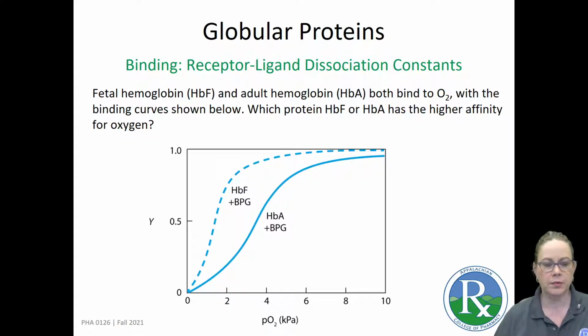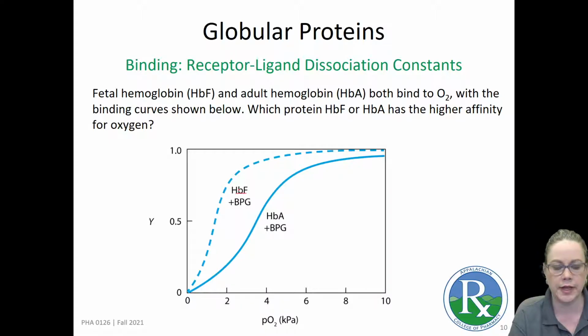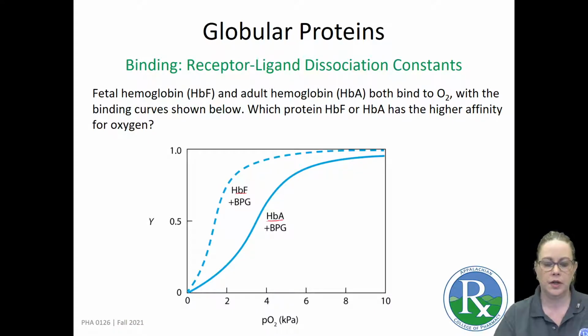The curves represent fetal hemoglobin, the dashed line, and adult hemoglobin, the solid line. We'll talk about what BPG is during lecture. That's an additional ligand. But we want to just look at the curves and use the information that we know to determine which protein has a higher affinity for oxygen.